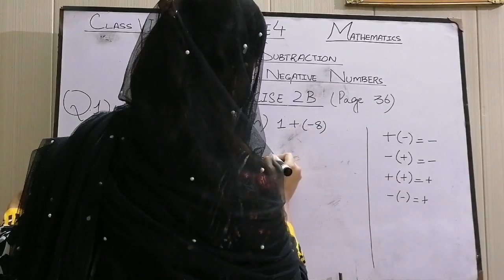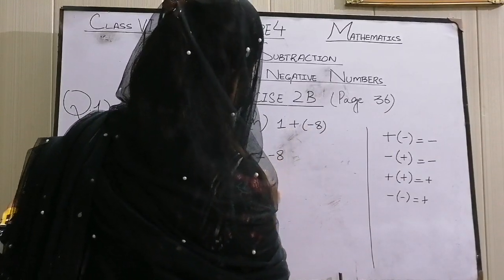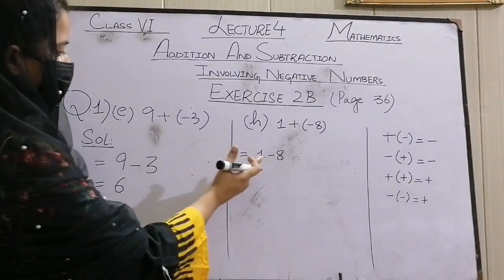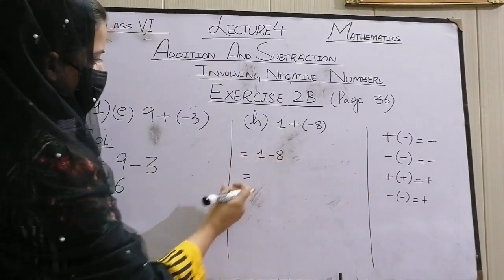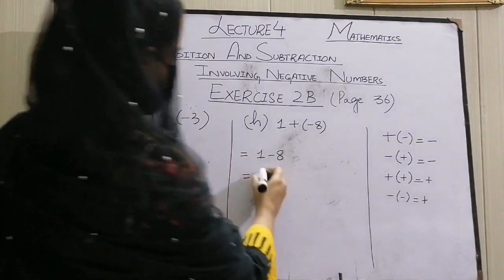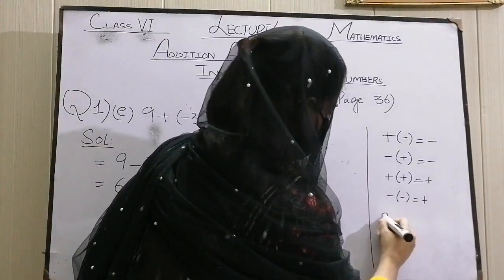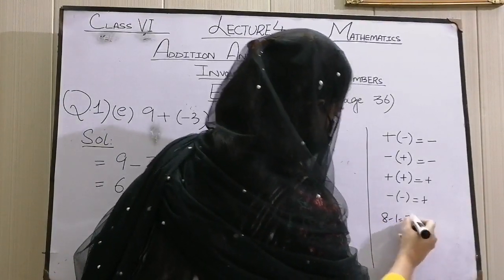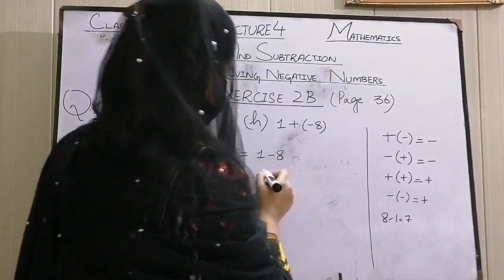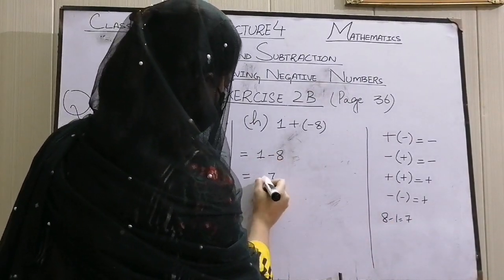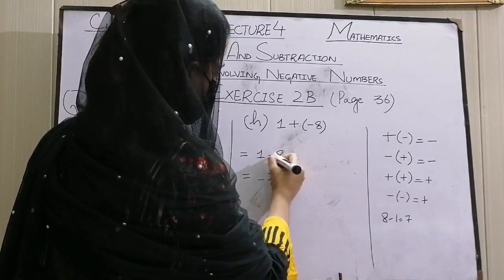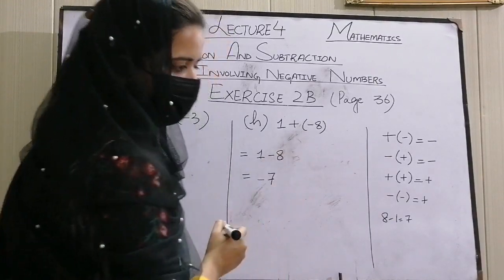Plus minus is minus. 1 minus 8. You have learned that we cannot subtract bigger numbers from smaller numbers, but if we write 1 minus 8, we can subtract it like 8 minus 1, it comes 7, and the answer will be minus 7 because the bigger number has the negative sign with it.